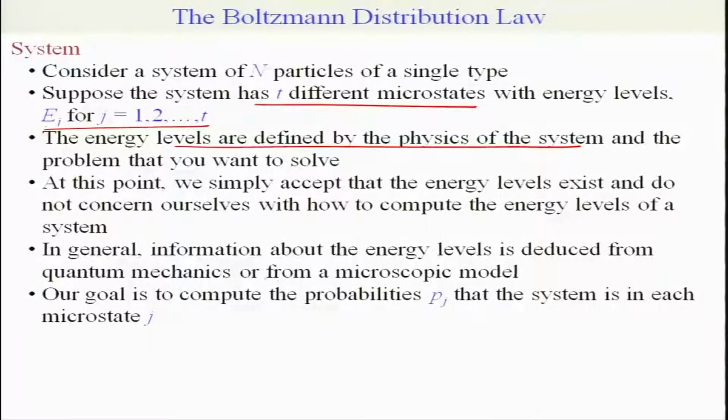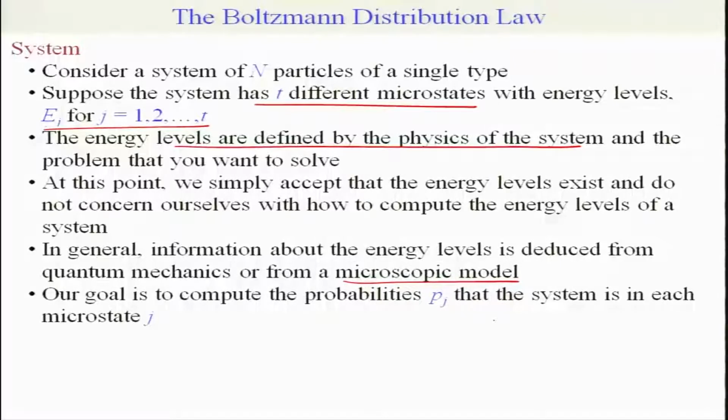Quantum mechanics means you are doing a very detailed solving of Schrodinger equations to find the energy levels, or a simple model could be Hartree-Fock and other models, which we will get a feeling for in the later part of this course. So, what is our objective?